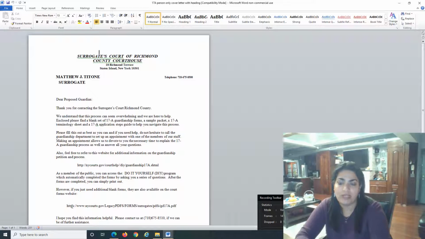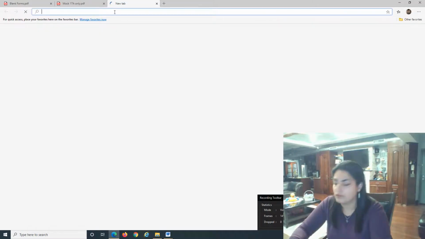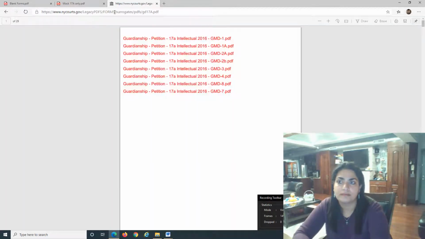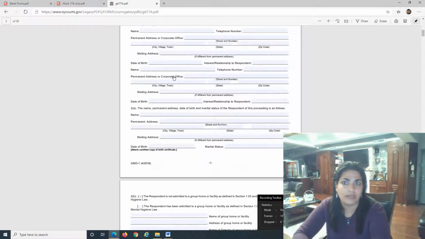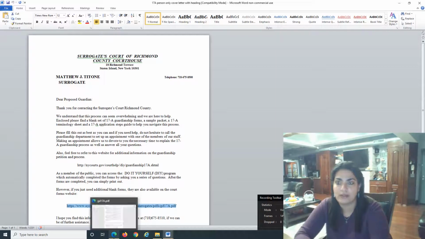So if you type this in, highlight it, I'm going to try right now. Let's see here, copy, and let's go here. You'll actually get the forms that we're going over right now. So all you have to do is just take it from this cover letter that we're also sending you, and then just copy if you need more forms. But you're also getting the forms in an email, so it really shouldn't be a problem with that.